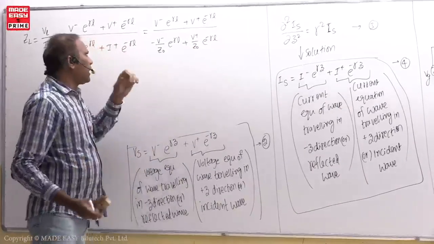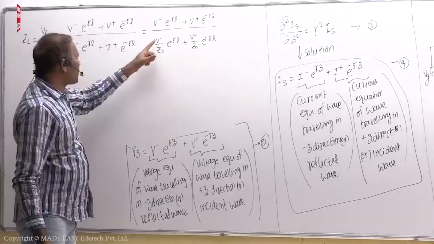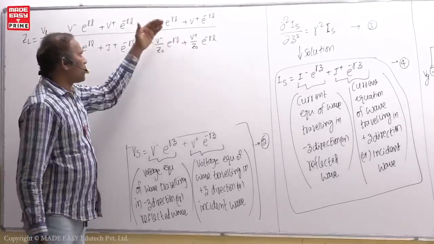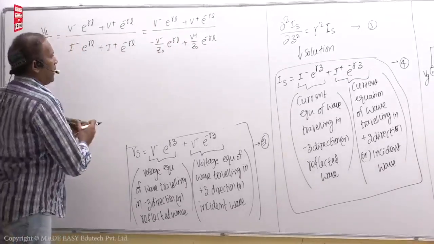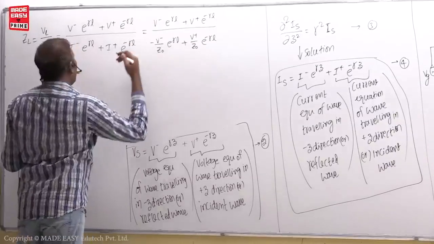Actually, I wrote I minus and I plus in terms of V voltages so that we can pull out and cancel them, and the common denominator Z naught goes to the numerator.